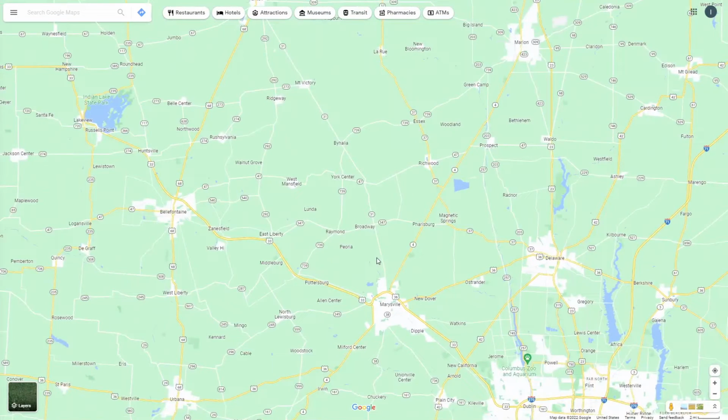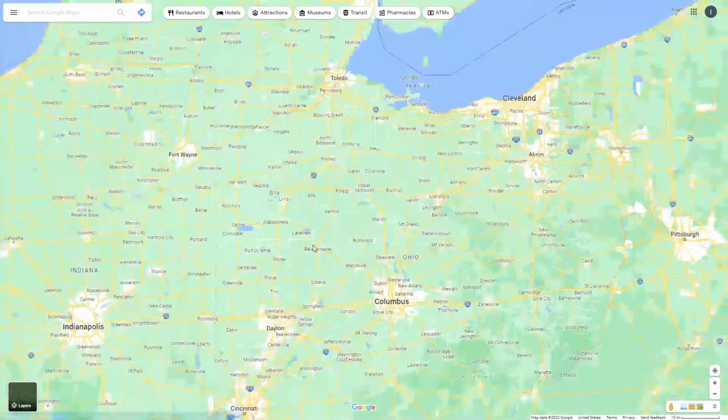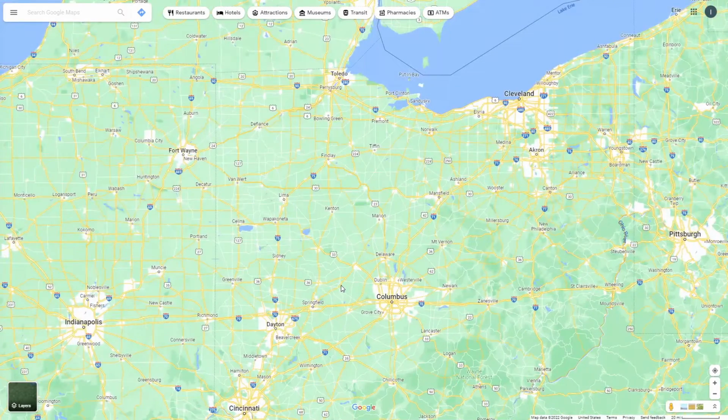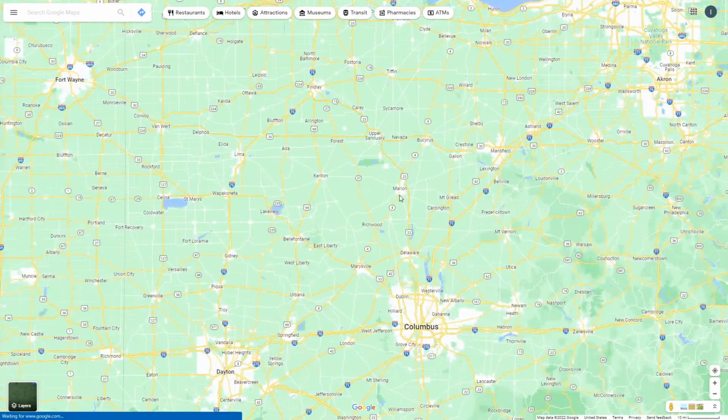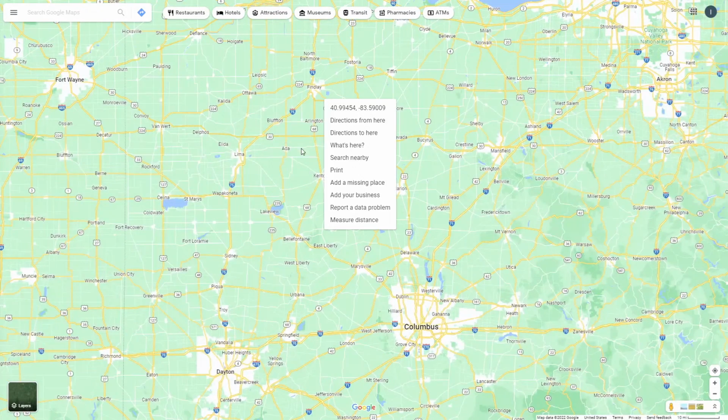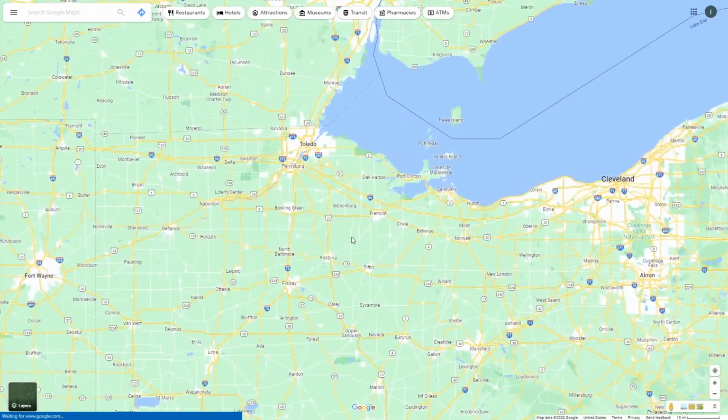That also kind of applies to state routes, though it's definitely less common to see a state route highway, expressway kind of thing. It happens sometimes. Alrighty, so let me give you an example of how long the state route is, or the federal route. I keep mixing them up.